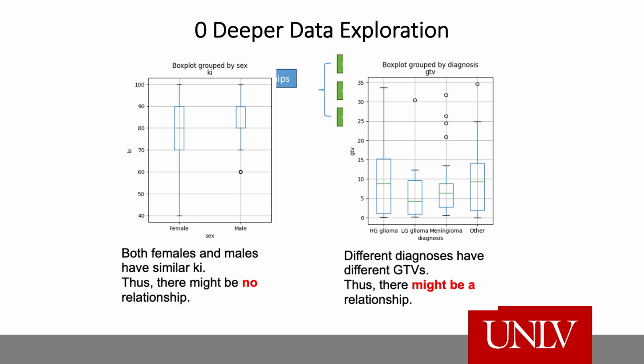Similarly, we observed that both females and males showed similar values for chi. From the visual comparison, we inferred that there might be no relationship between sex and chi. When examining diagnosis and the gross tumor volume, we observed that different diagnoses appear to have different tumor volumes. This led us to believe that there might be a relationship between diagnosis and the gross tumor volume.